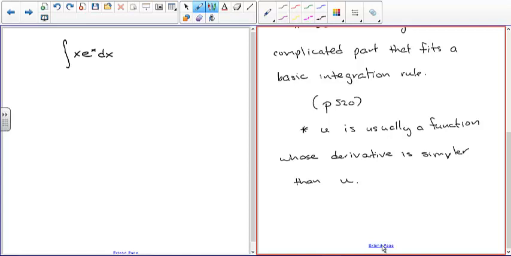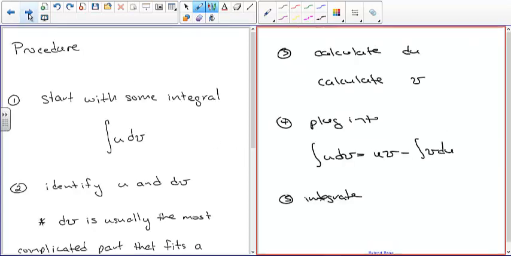So 90% of the time, if you have x squared or x cubed, something like that, you do choose that for u. There are a few special cases like the natural log of x where you don't do that. So that's the rules for choosing u and dv.